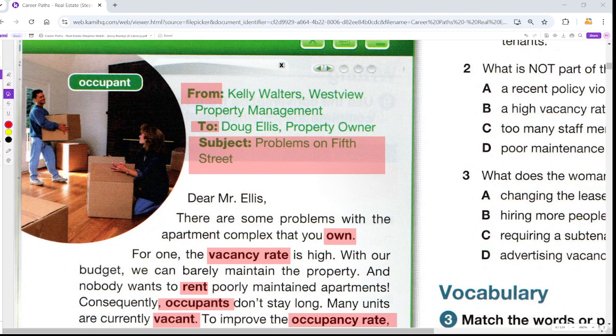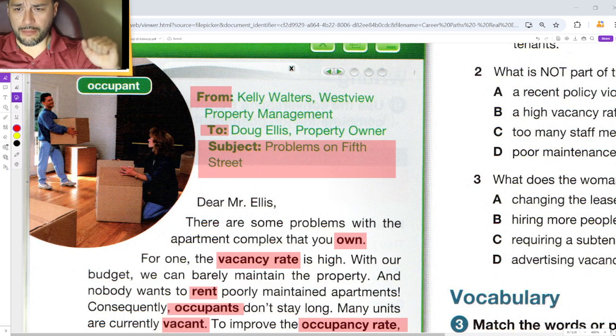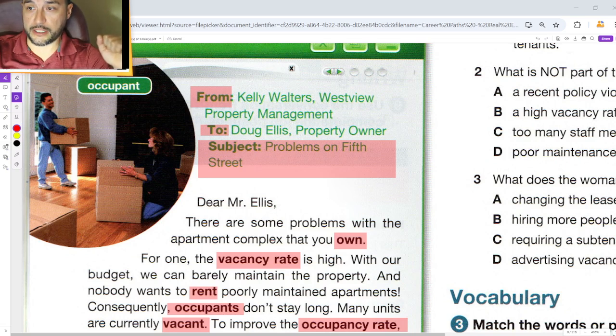Okay. From Kelly Walters. Westview property management. To Doug Ellis, property owner. Subject: problems on 5th Street.